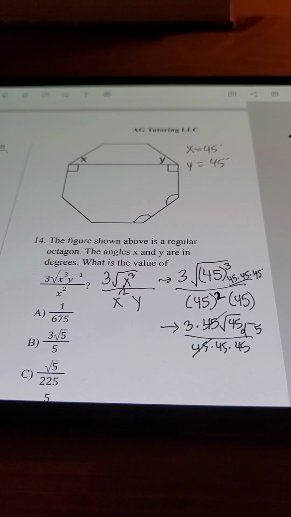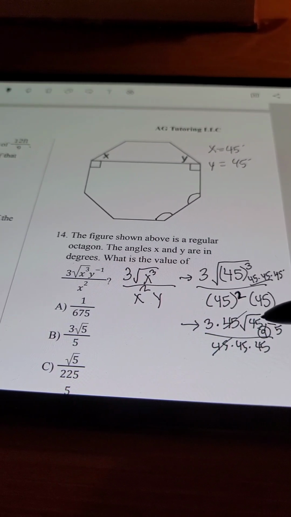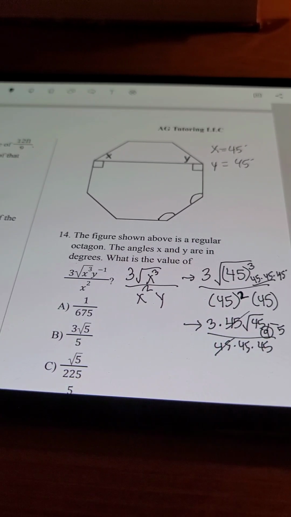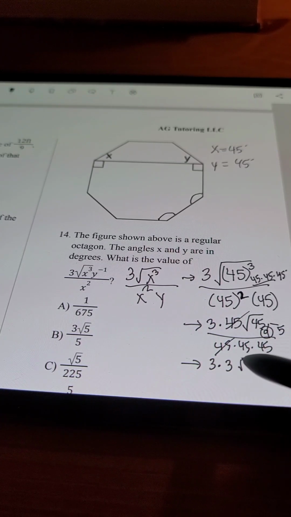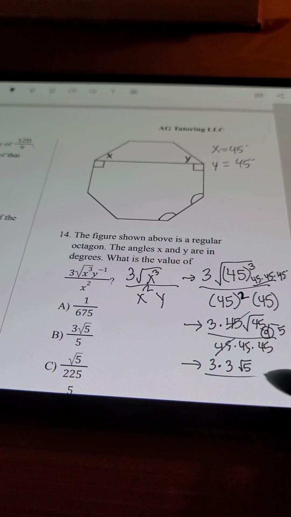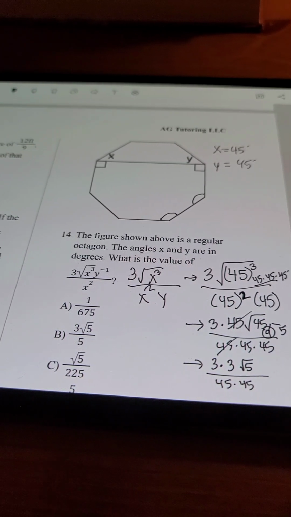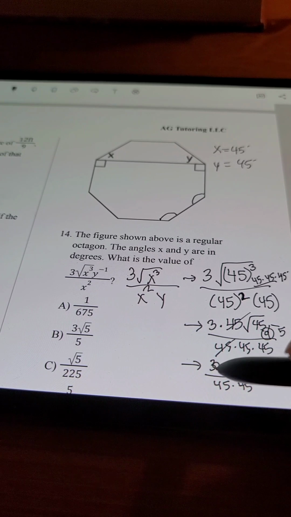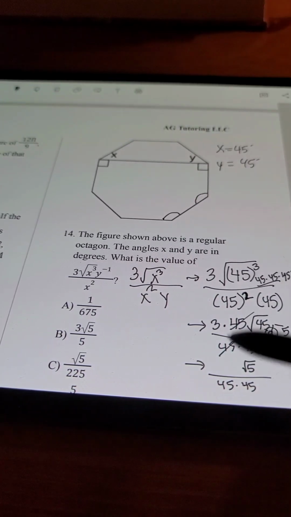Yeah, that's the best way to rewrite it, 9 times 5. So 9 is a perfect square, so we can take out a 3 for that. So then it's just 3 times 3, leave the root 5 there, and then we're going to have 45 times 45. Now, 3 times 3 is the same thing as 9, so I'm going to say that's 9 root 5.